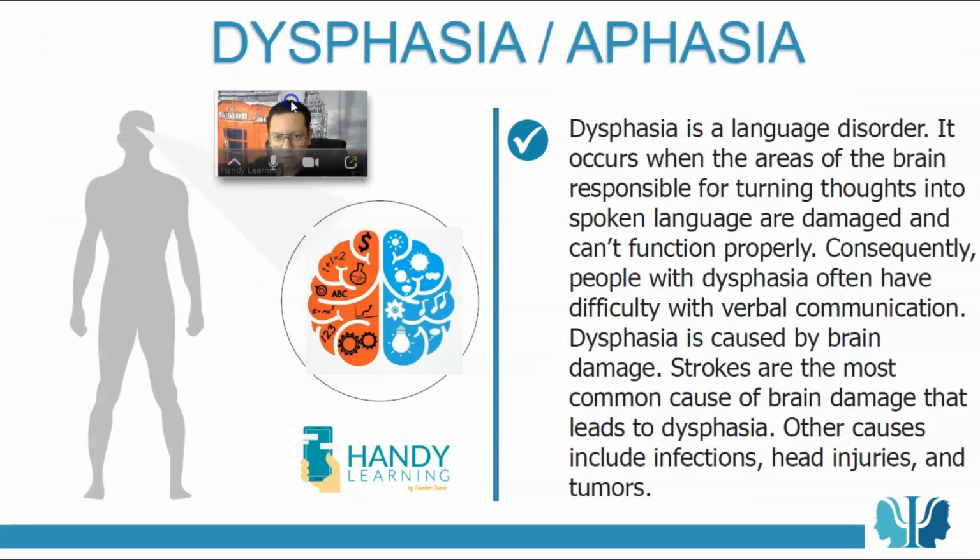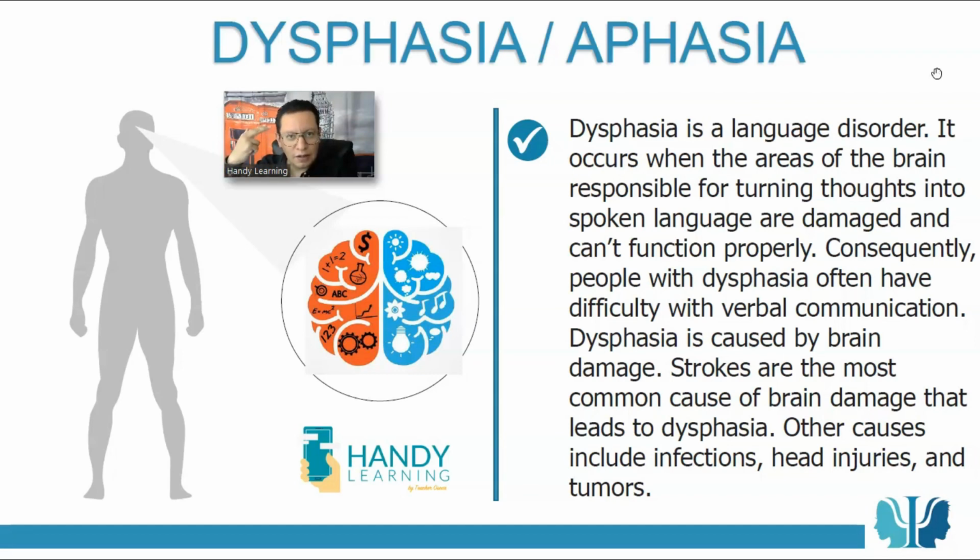Then we have dysphasia or aphasia. Both words mean the same. It is just that dysphasia is a term used in North America and aphasia is a term used in practically the rest of the world. But it means the same. It refers to the same learning disorder. This is a language disorder that occurs when the areas of the brain responsible for turning thoughts into spoken language are damaged and you cannot speak properly, right?